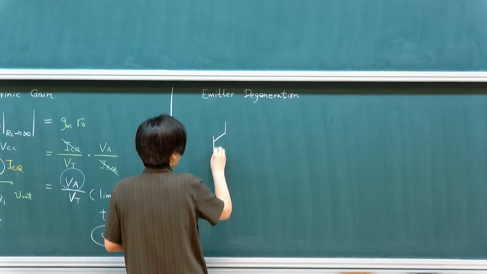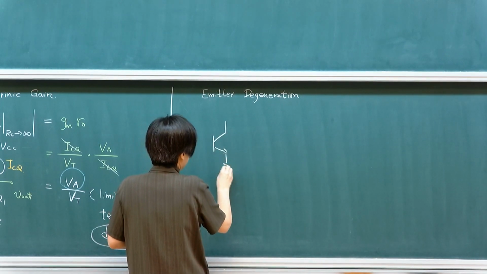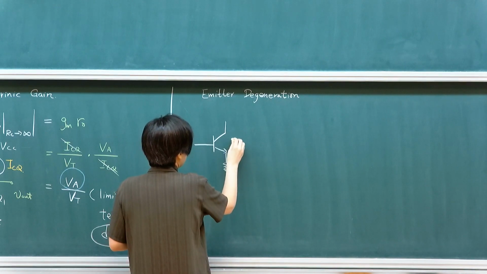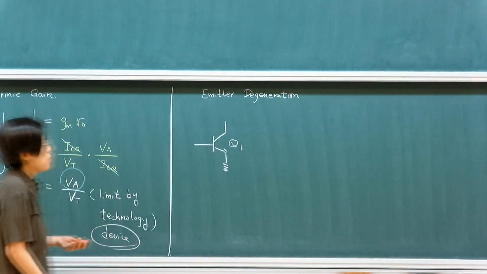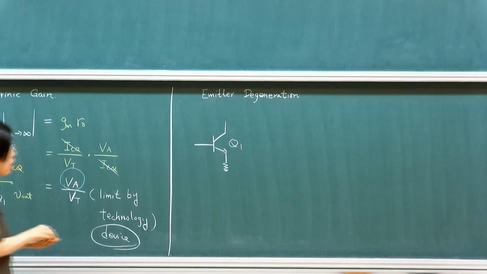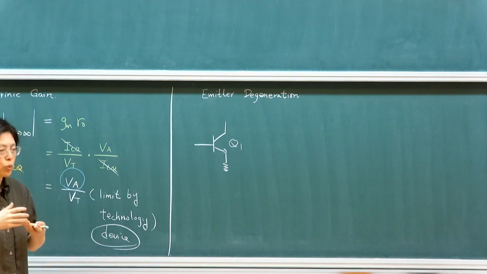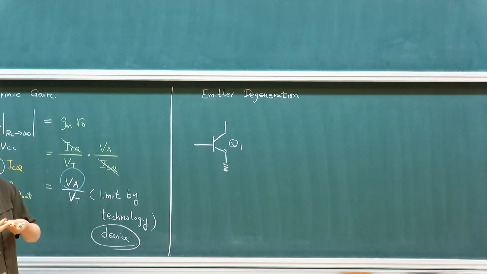So I have, let's say, this is my common emitter stage. What is being done in degeneration is to desensitize the device, because we know that a bipolar transistor has exponential current dependency, meaning voltage-current dependency, so if I tweak a little bit, the current would explode exponentially.